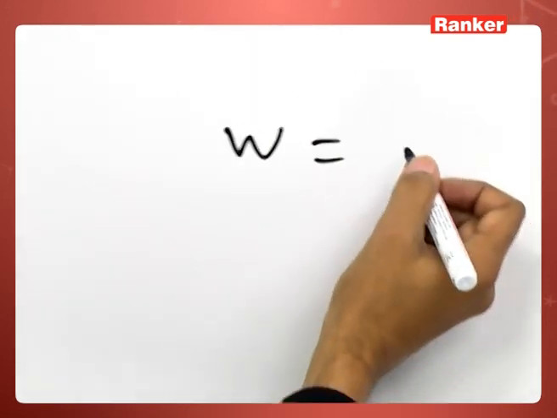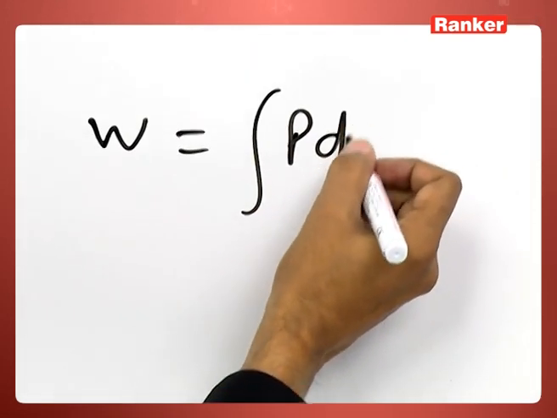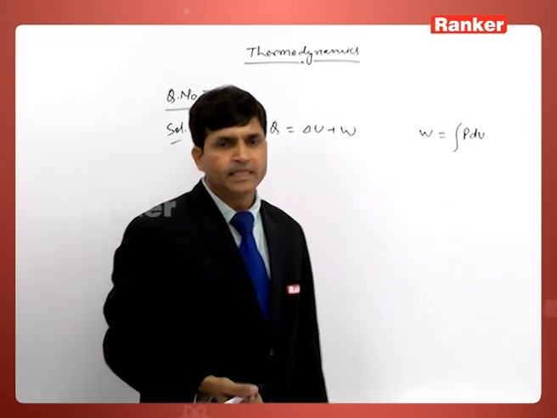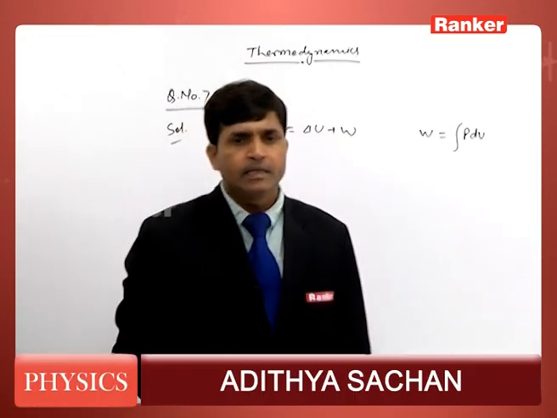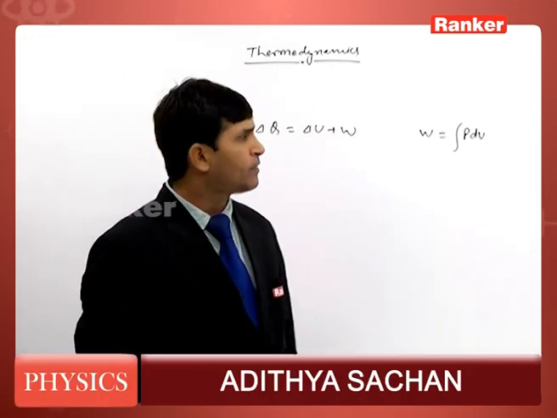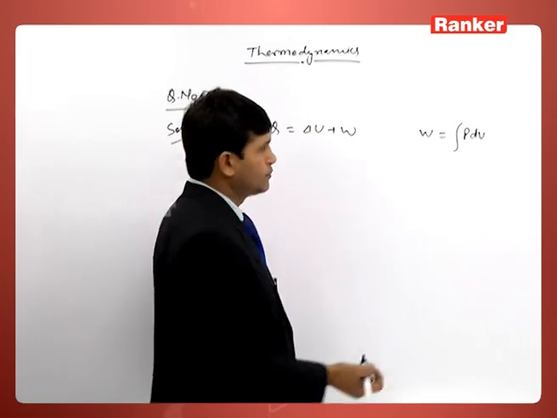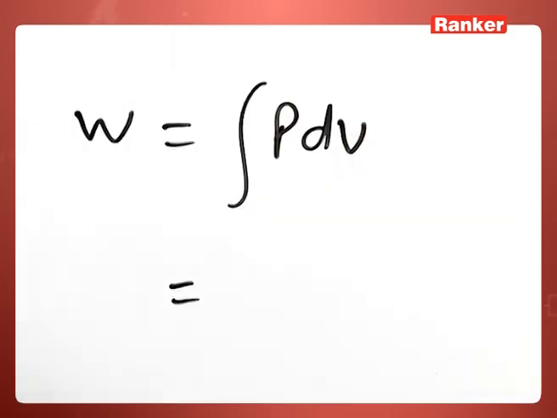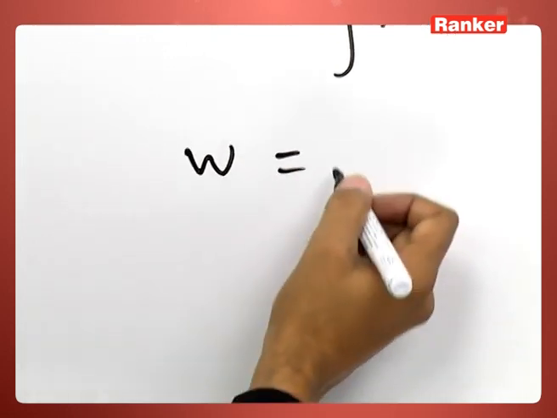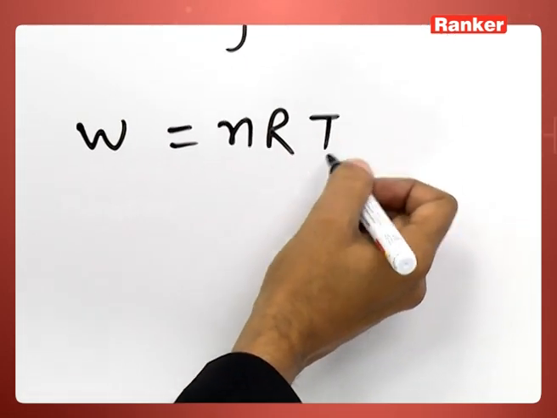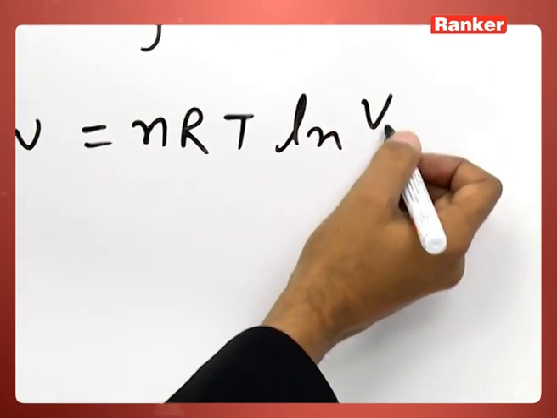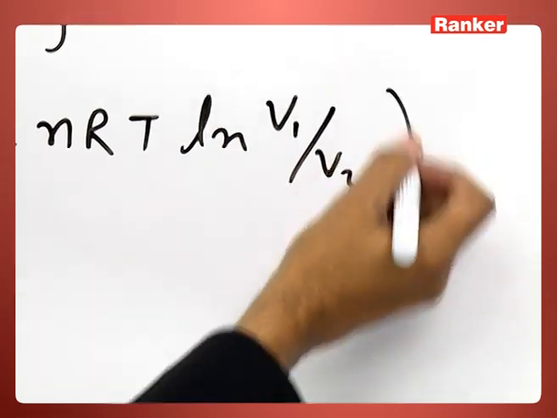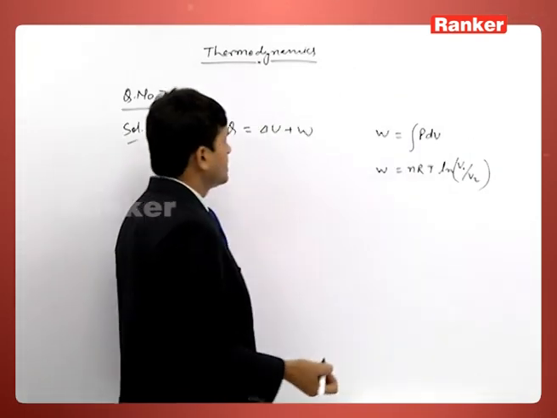Work done is equal to P into dV, and for isothermal expansion from volume V1 to V2, the work done is written as nRT ln V2 by V1.